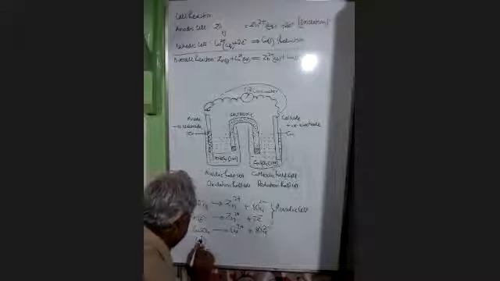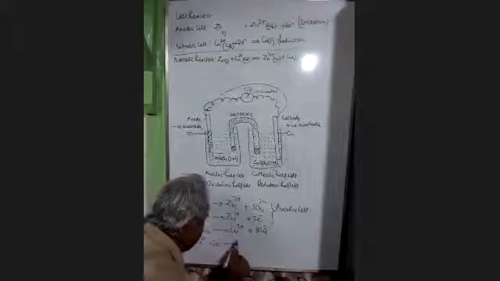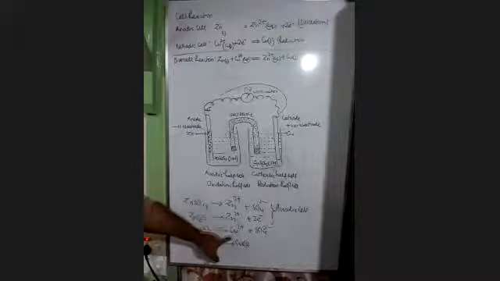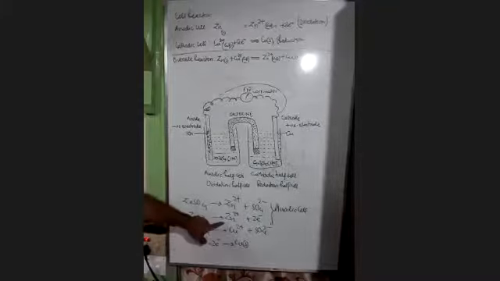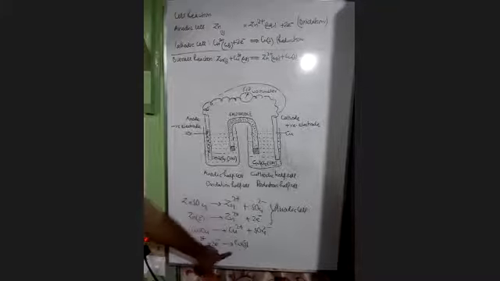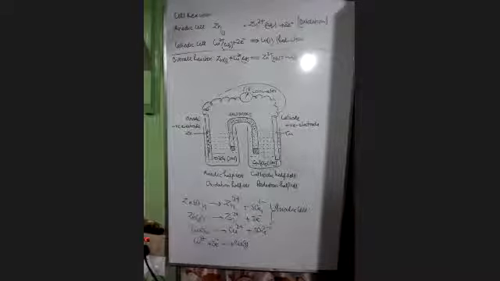But what is happening now? See now here, this copper ion is taking electrons and becoming copper. So in this case, zinc ion is increasing. In this case, copper ion is decreasing. So here the solution becomes positively charged, and here the solution is becoming negatively charged because nothing is happening with sulfate. So it is a peculiar situation.